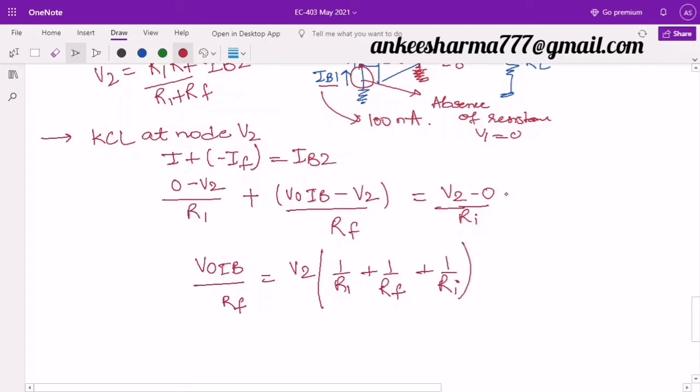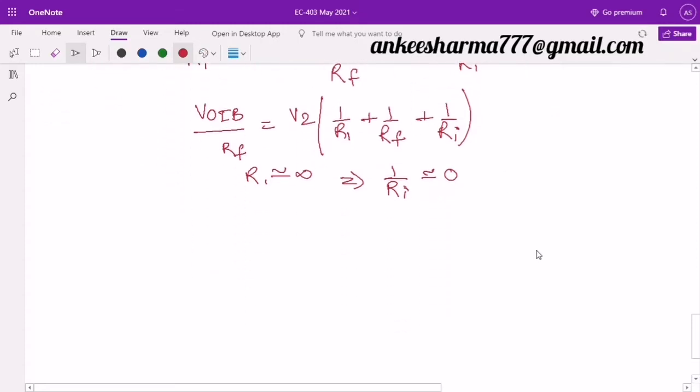And now I can say that RI is almost equal to infinity, which implies 1 by RI is almost equal to 0. So from here you can say that VOIB divided by RF is equal to V2 into R1 plus RF upon R1 RF. So this will be my term.